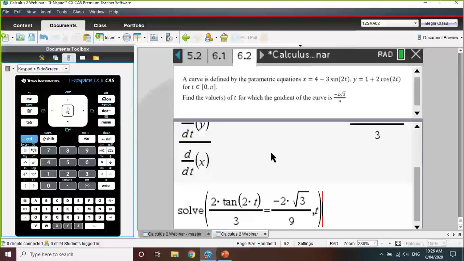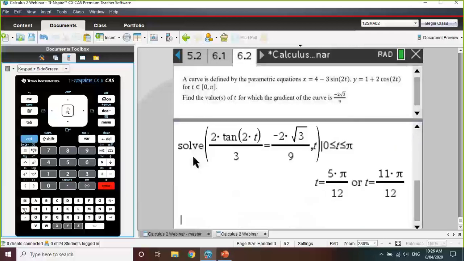So vertical line, where 0 is less than or equal to t is less than or equal to pi. Okay. And we're picking up 2 t values there.